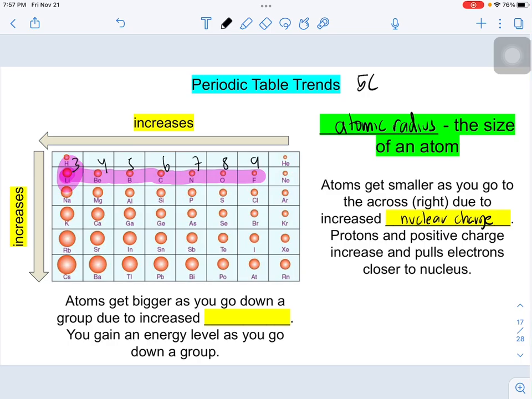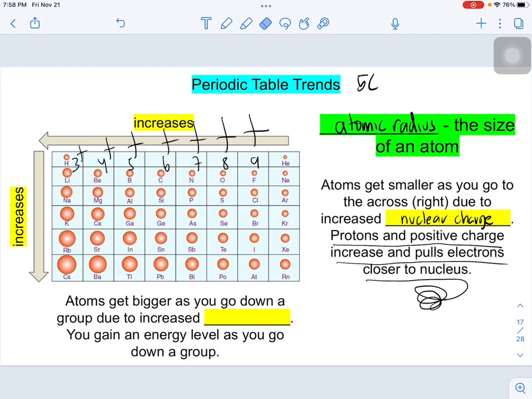So as we're gaining protons inside the nucleus, that nuclear charge is getting bigger and more positive because we have more protons. And it says right here, the protons and positive charge increase and it pulls electrons closer to the nucleus. So that's one way that we know that atoms get smaller as we go to the right.